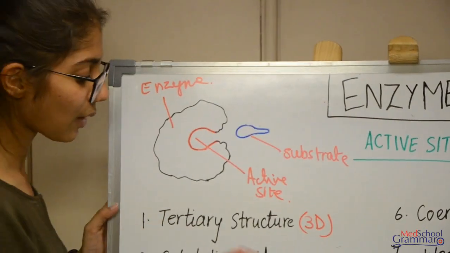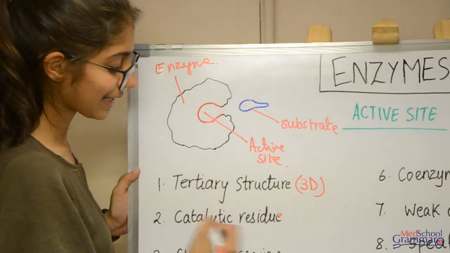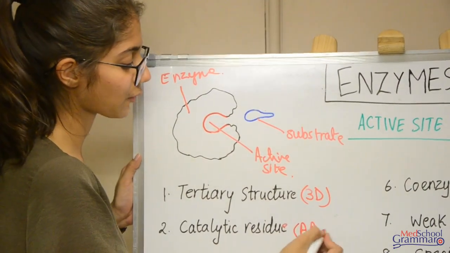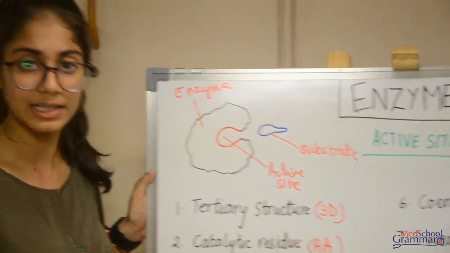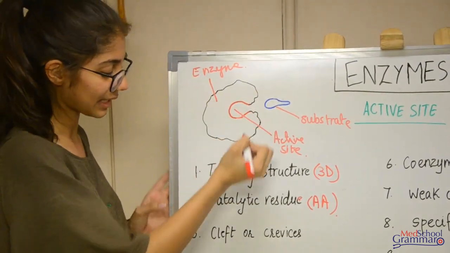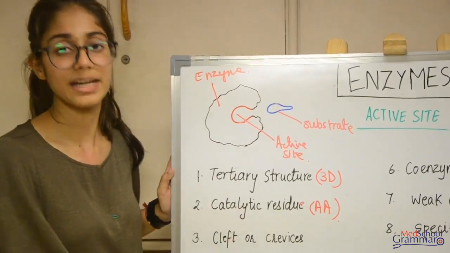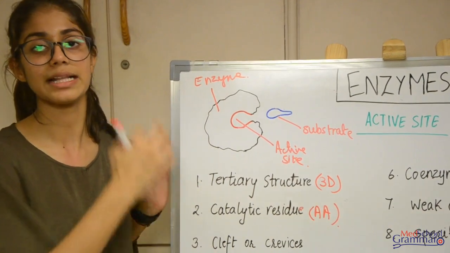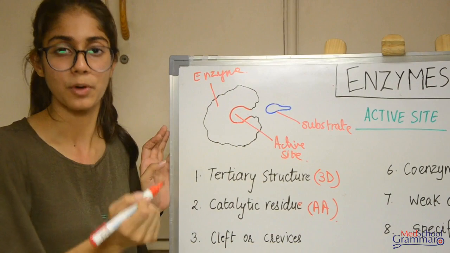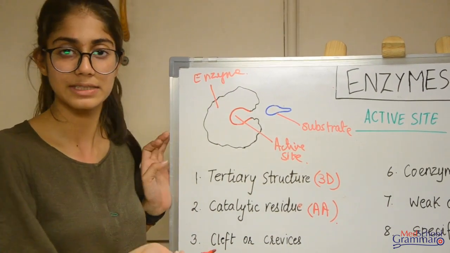Now these amino acids are called catalytic residues. Then we have that this active site is a cleft or crevice or pocket in your enzyme molecule. In the 3D structure, there is a cleft or a pocket formed, and that is called your active site.